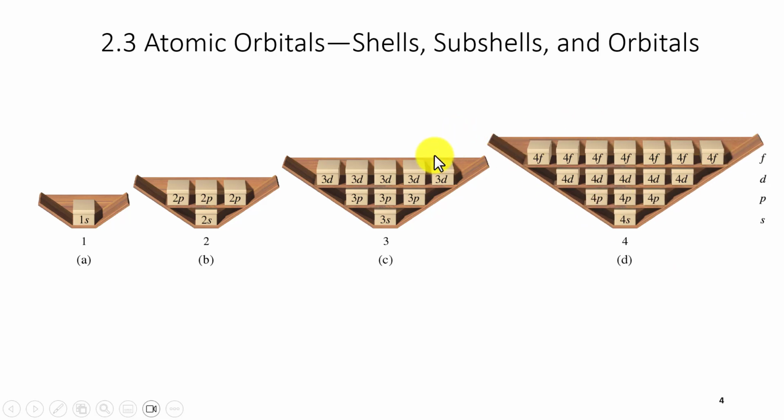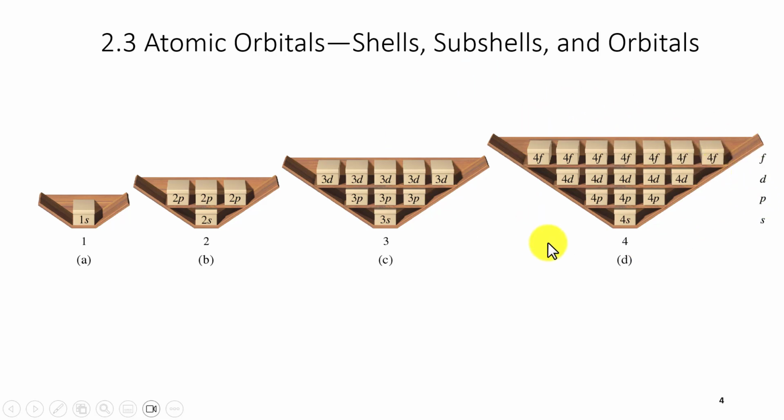Note that these get larger and larger, and they move away from the nucleus. And the larger they are, the higher the principal number. From 1 to 4, you can see that I have more shelves, and within those shelves, I can fit more orbitals, more pairs of shoes. For the 4f subshell, I can fit 7 orbitals, 1, 2, 3, 4, 5, 6, 7.